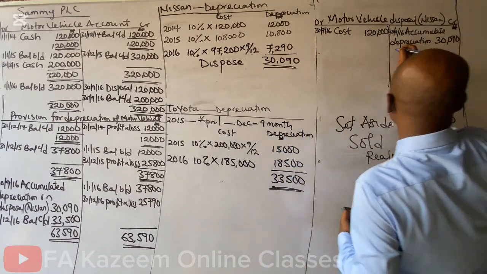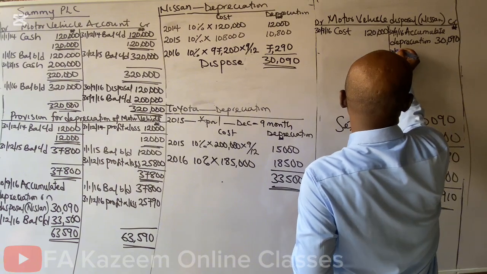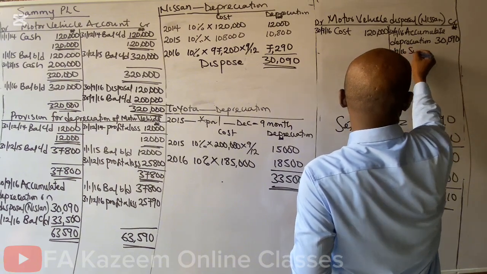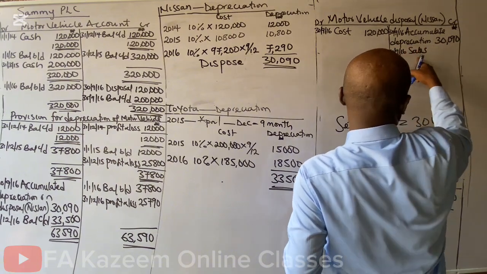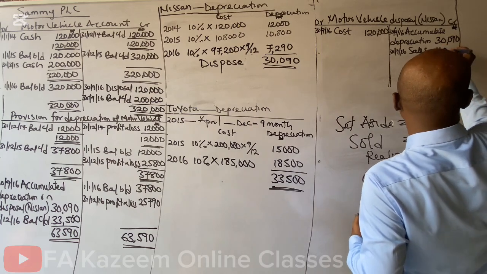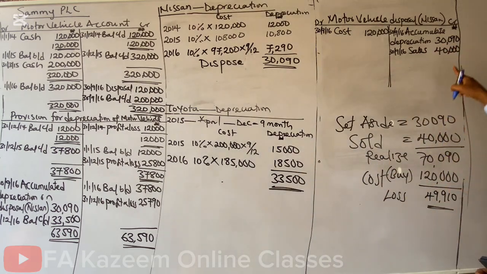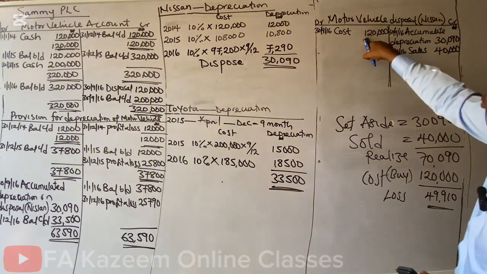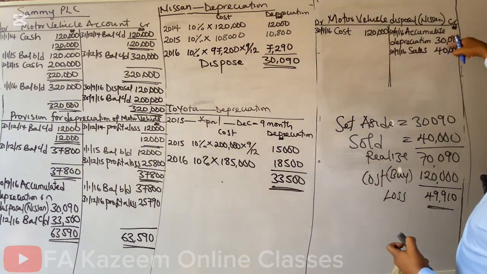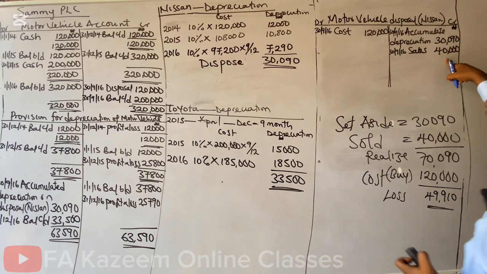This 30,000 on 30th 9 2016 says the asset was sold for 40,000. The asset was sold for what? 40,000. Meaning 120,000 minus 70,090.